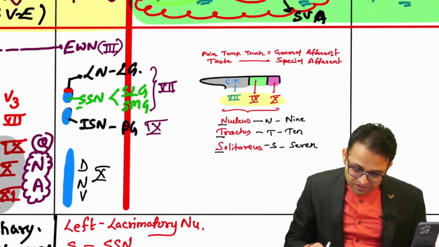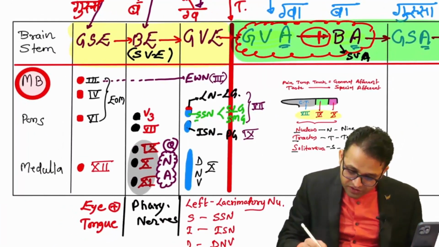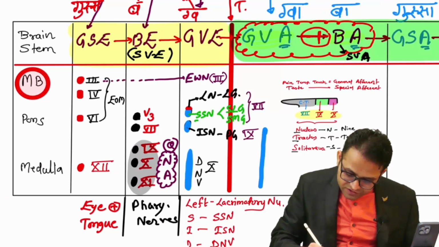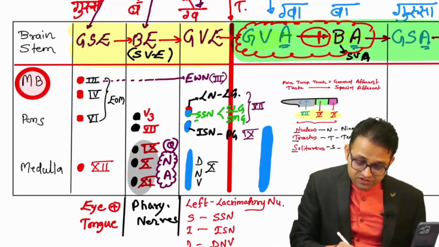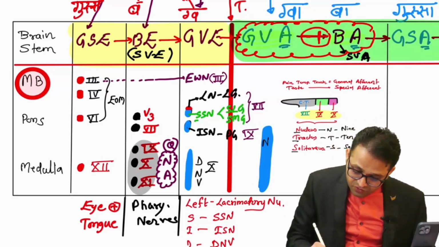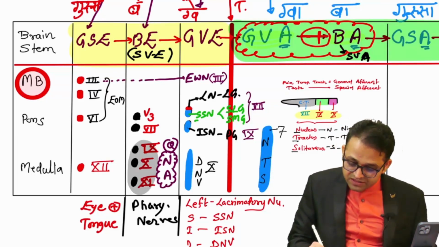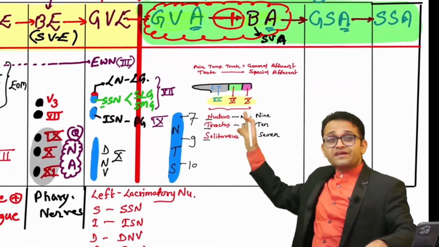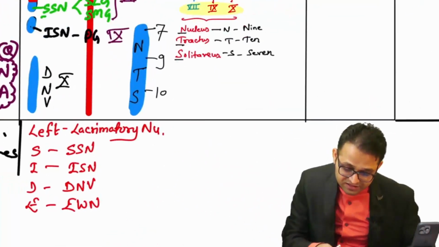Sir, remember, the seventh nerve is located in the pons, but the 9th and 10th are in the medulla. So this is our nucleus tractus solitarius: the upper part 7th, then 9th, and the lower part 10th. Okay, sir.